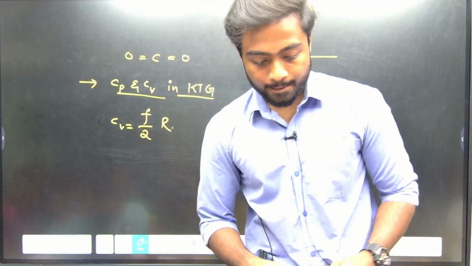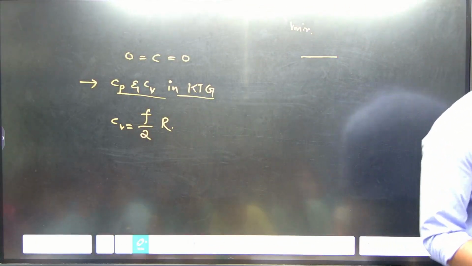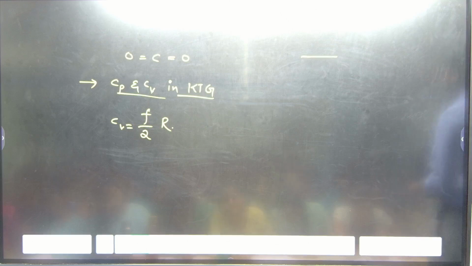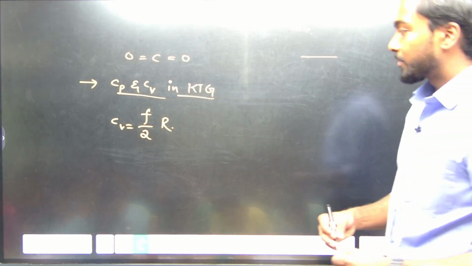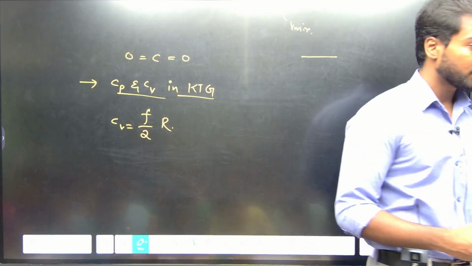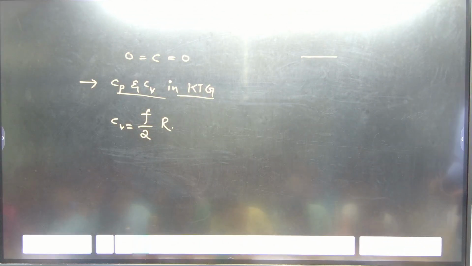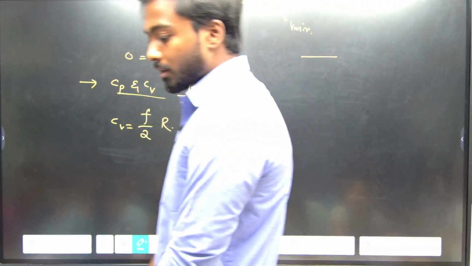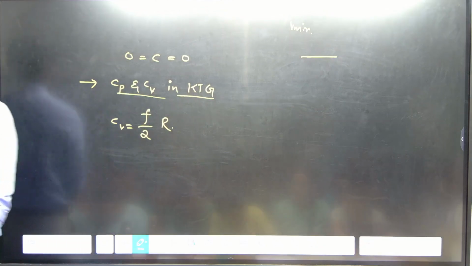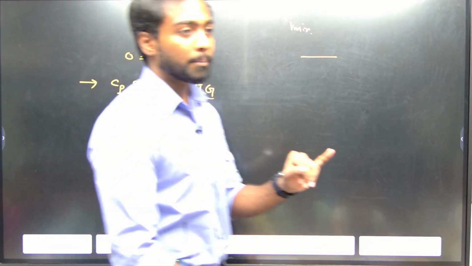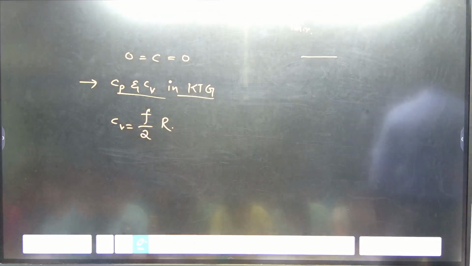So Cp by Cv, you can take this ratio, R times 1 plus F by 2 over F by 2 times R. So Cp is R times 1 plus F by 2, and Cv is F by 2 into R. If they are asking the ratio in terms of KTG, like degree of freedom, you can use this formula.